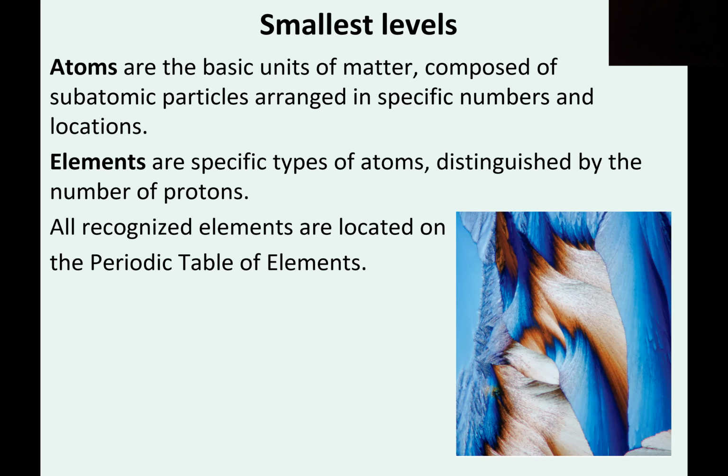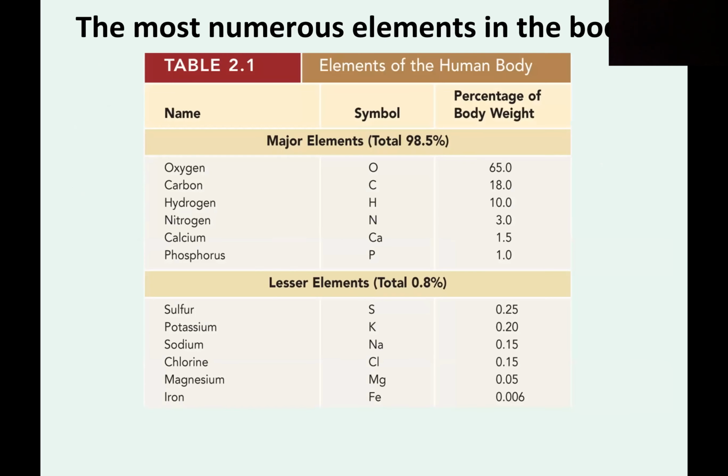Okay, so you have a table in your textbook, and you're going to need this table for part of your chemistry assignment. This lists the most numerous elements in the body. The 6 most numerous are here.